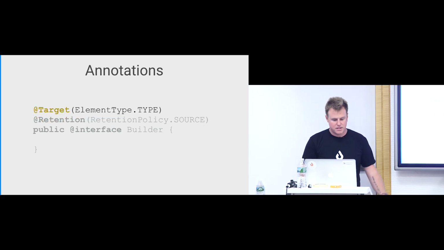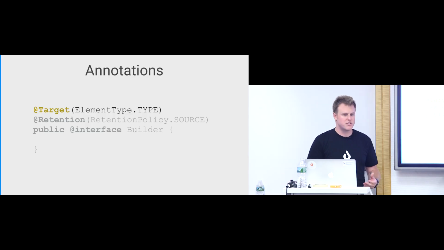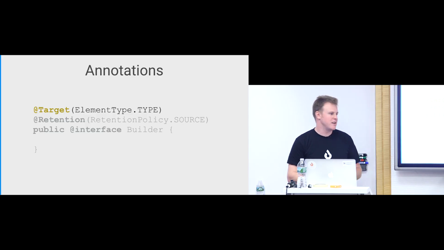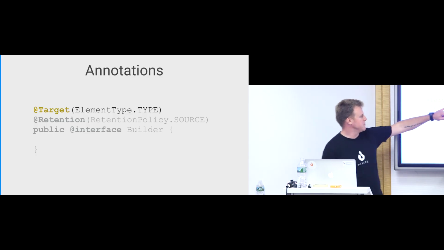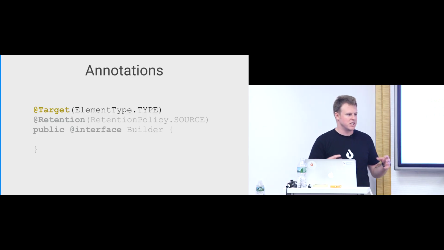Moving on from that, we have the target. This tells you what you can place this annotation on. An Override annotation, for instance, you can't put on a field. You can't put it on a class. That's only valid on methods. ElementType is an enum, which gives us all of the different element types of the Java language.